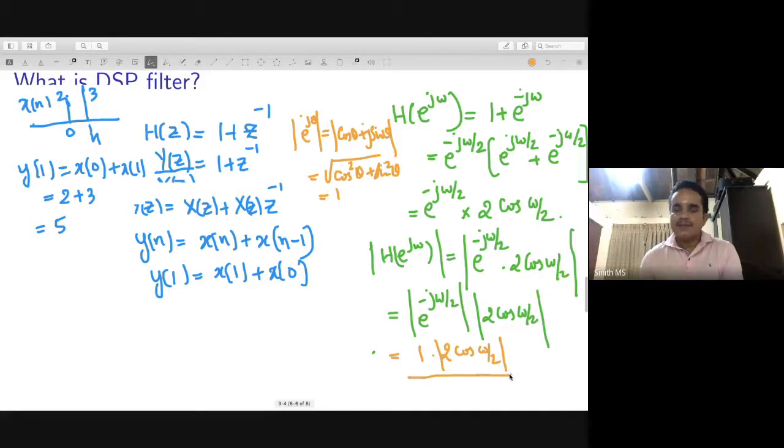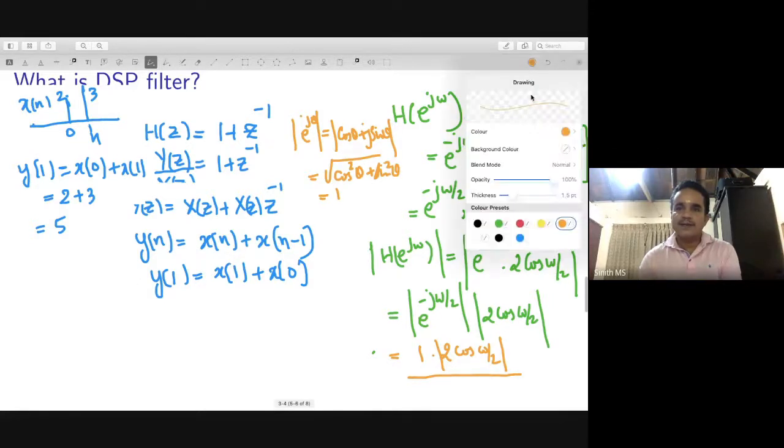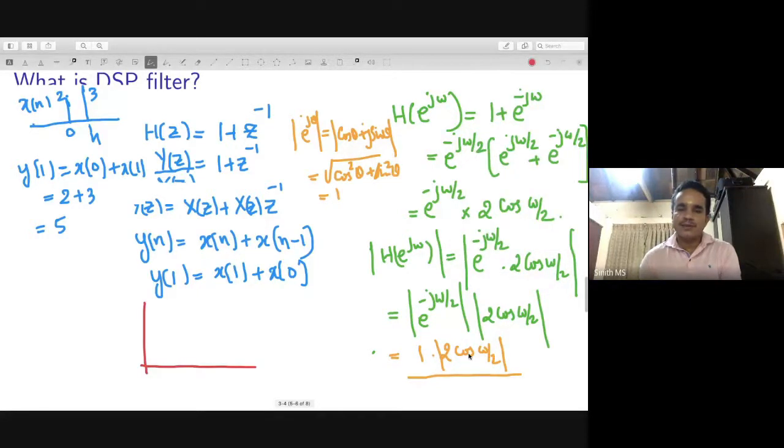Now if you plot this for different values of ω, say from 0 to π, how will the plot be? If you give ω equal to 0, this becomes 2 cos 0, which is 2, the highest magnitude. At ω equal to π/2, this becomes cos(π/4) = 1/√2, so 2 into 1/√2 becomes √2.